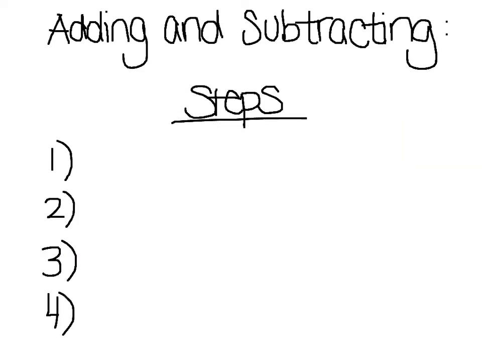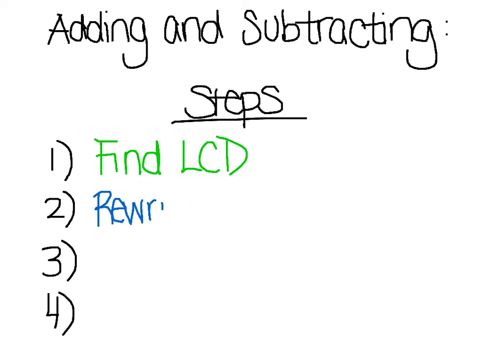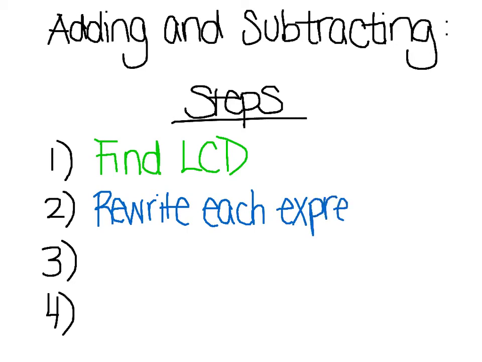So when you're adding and subtracting rational expressions that have unlike denominators, there's 4 steps. Step 1, I want you to find the LCD, find the least common denominator, the least common multiple of each fraction. Step 2, I want you to rewrite each expression using the LCD.